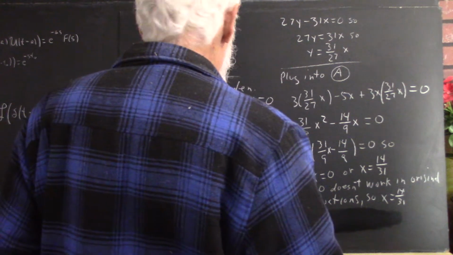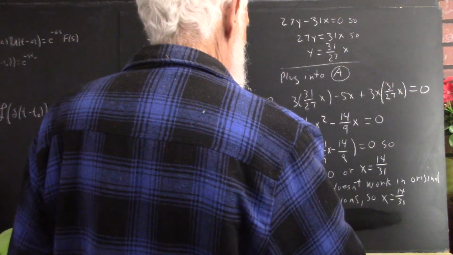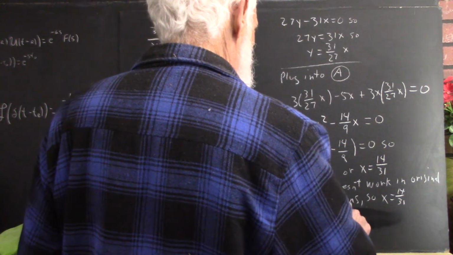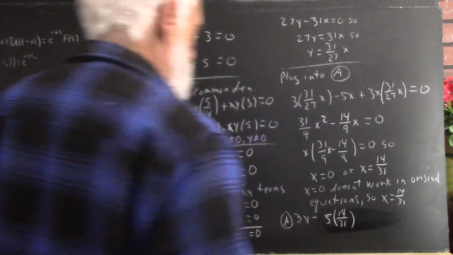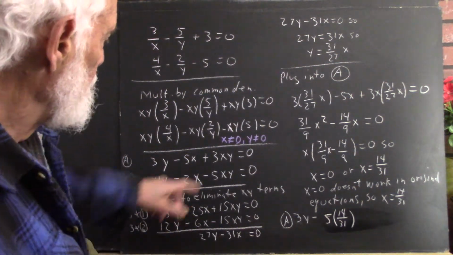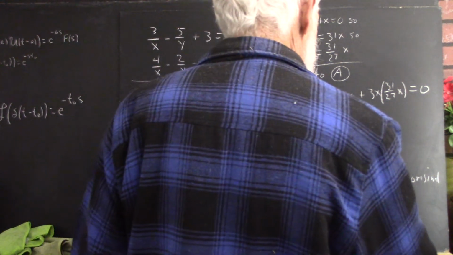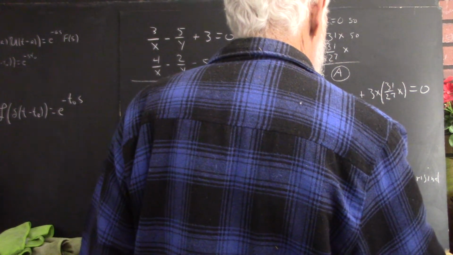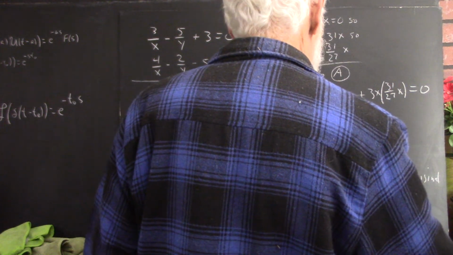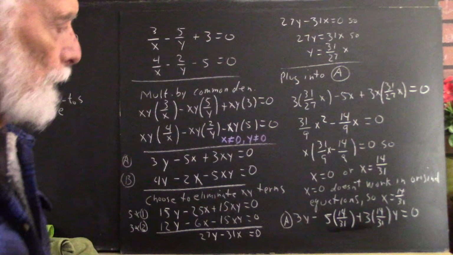Okay, 3y minus 5x, which would be 5 times 14 over 31, and then plus 3xy equals 0.